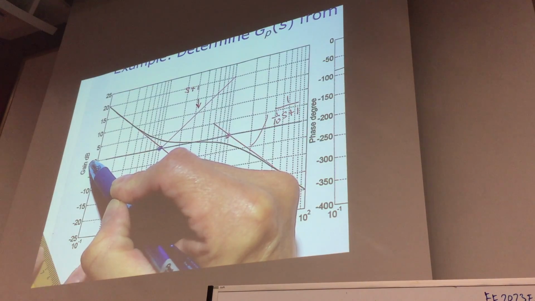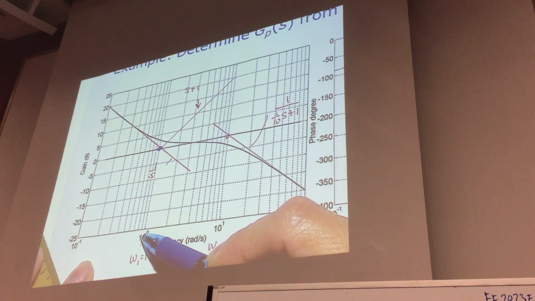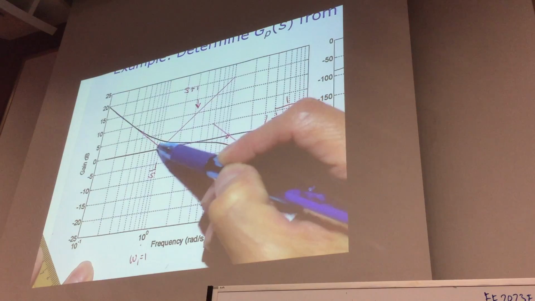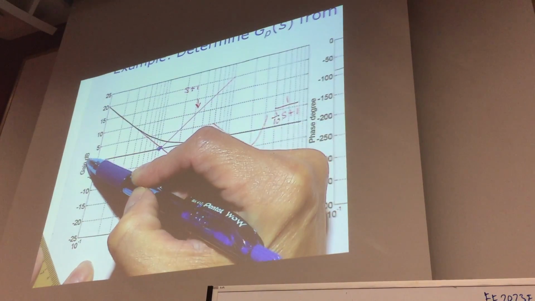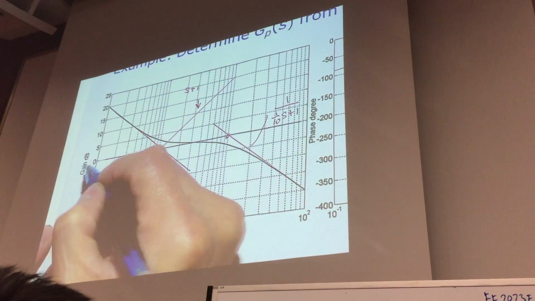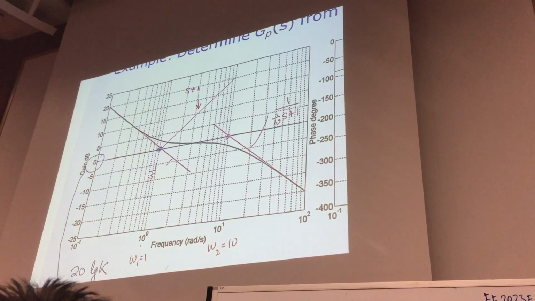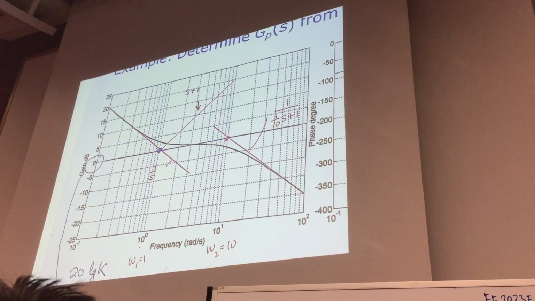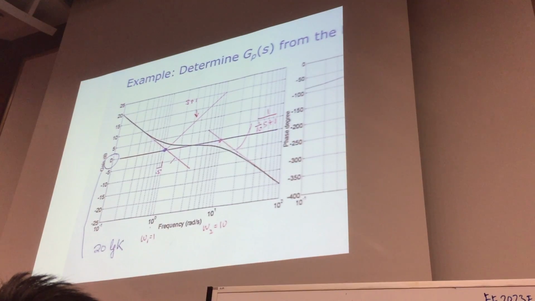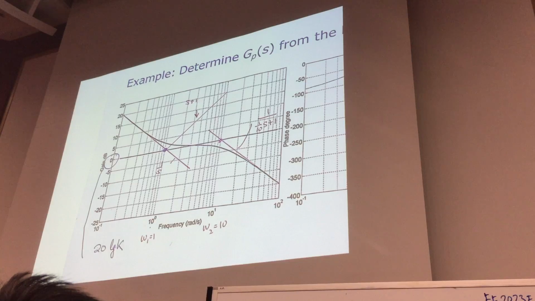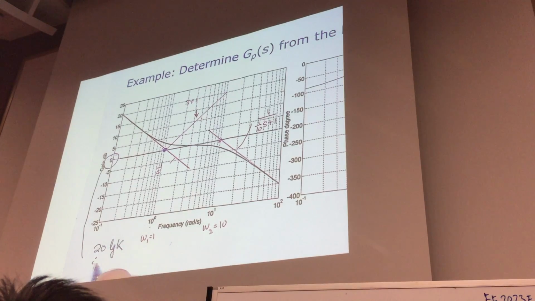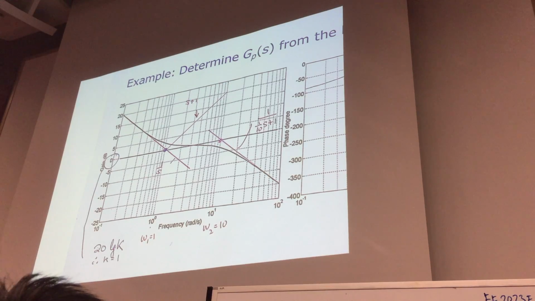At omega equal to 1, you go up, you hit this curve, and it's 20 log K. So 20 log K is 0, which means log K is 0. So K must be 1.